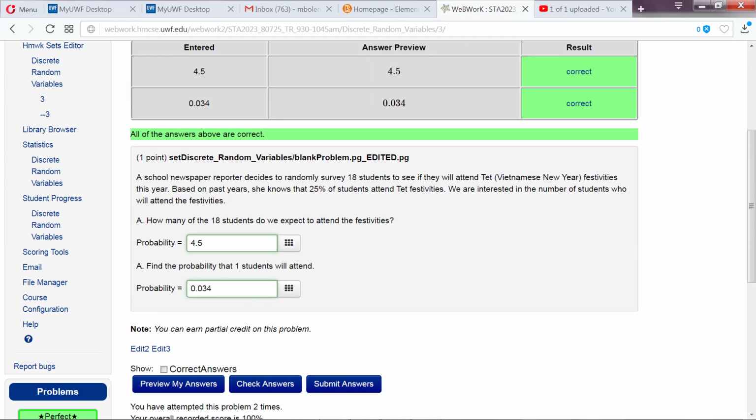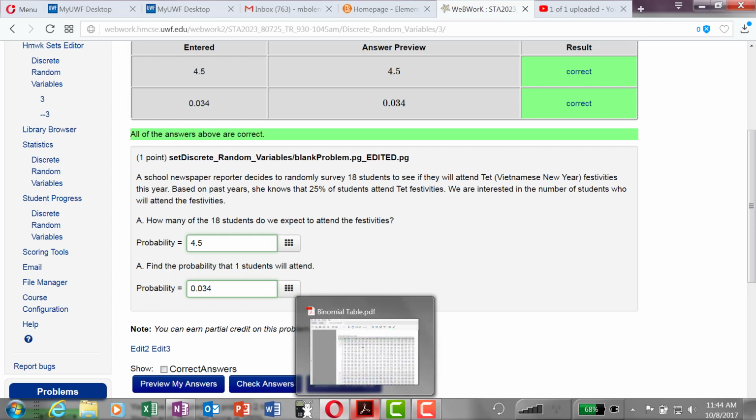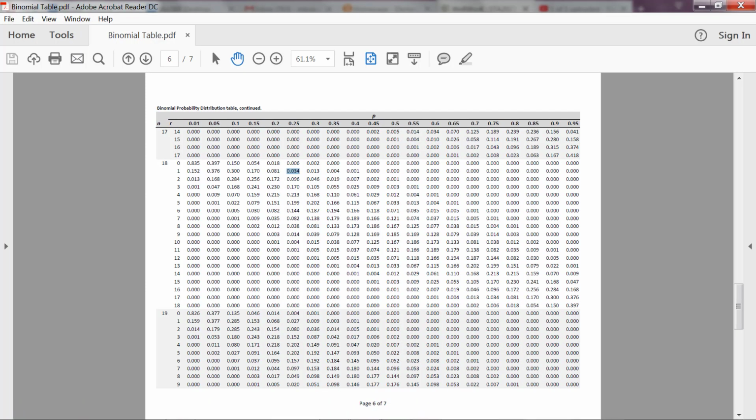Now I want to show you another way to calculate this, okay? Because sometimes we end up with a probability that's not a multiple of 5. And if we don't end up having a probability that is on this particular chart, how in the world do we solve that problem? Well, let's use the binomial formula.